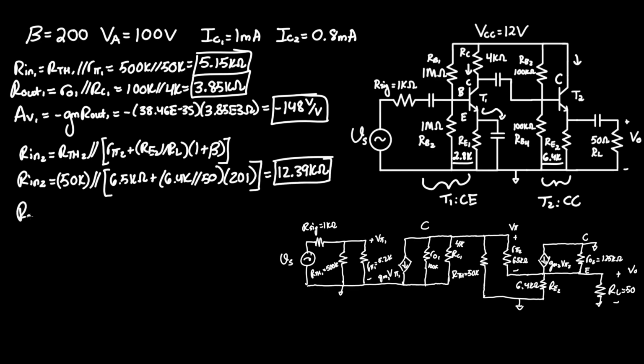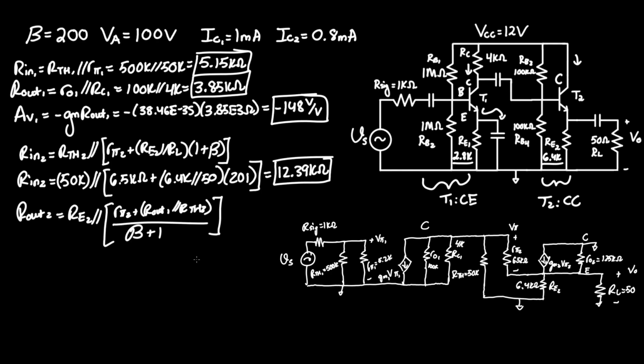So R-out2 equals RE2 in parallel with R-pi2 plus R-out1 in parallel with R-thevenin2, all over beta plus 1.